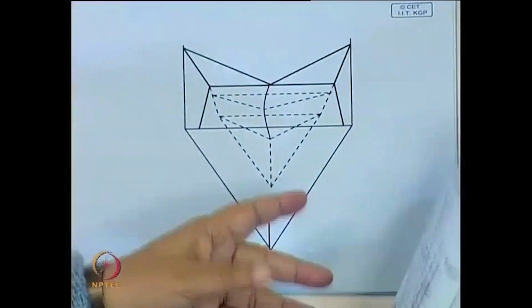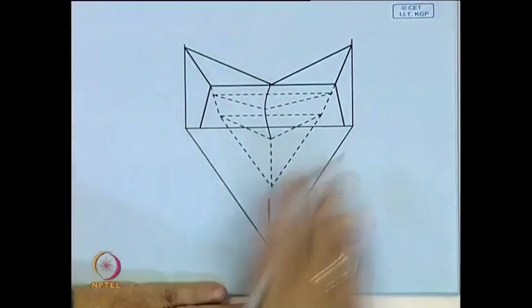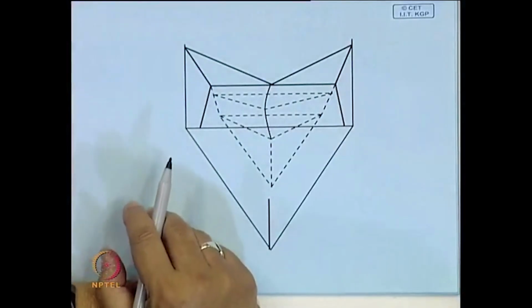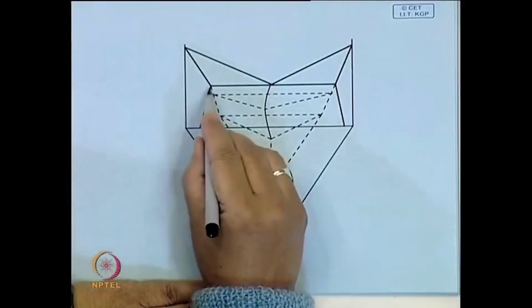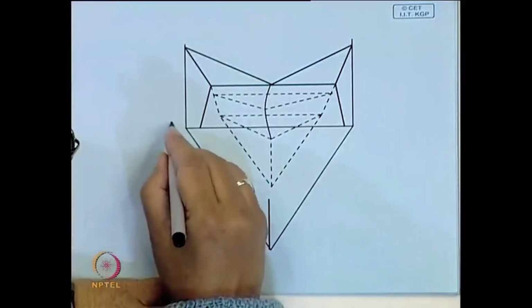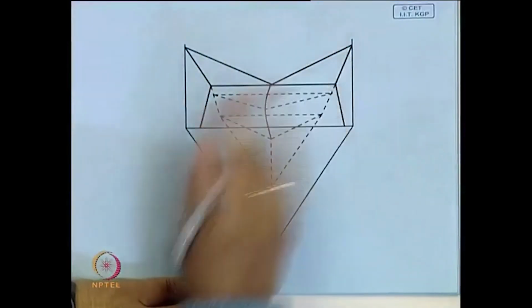Now, to visualize that, in this diagram we have removed this portion just to understand the nature of this three phase region. I have just changed the orientation a bit.